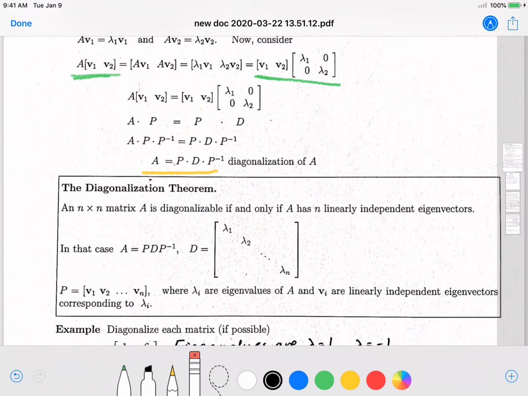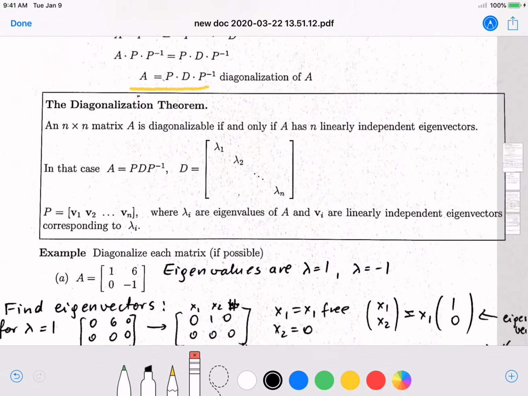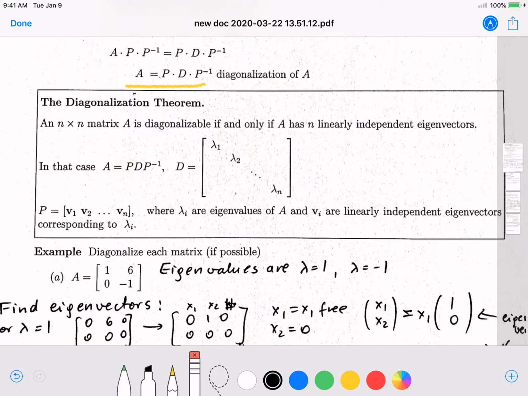So that's the diagonalization theorem: an n by n matrix A is diagonalizable if and only if A has n linearly independent eigenvectors, because the matrix P is composed from eigenvectors. In that case, A is equal to P D P inverse.